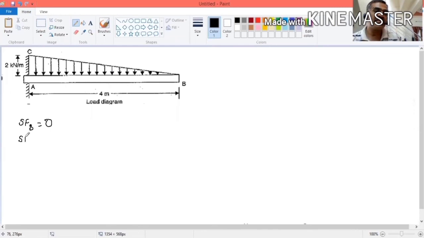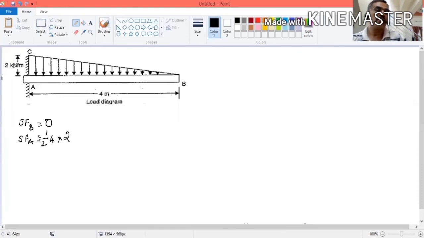What will be the shear force at point A? To find the shear force at point A, you have to consider the whole load. First, you have to find the force. How to find it? If it is uniform, you multiply the intensity by the distance. Here it is a uniformly varying load like a triangle, so you have to put half into B into H. The length is 4, into this height, that is 2.